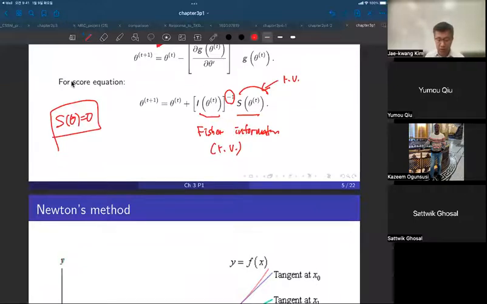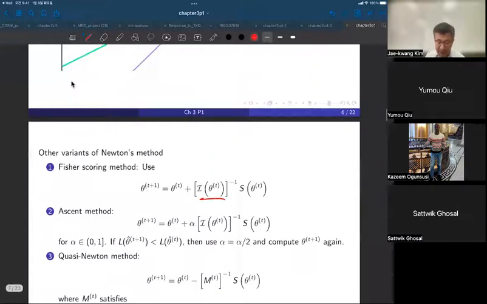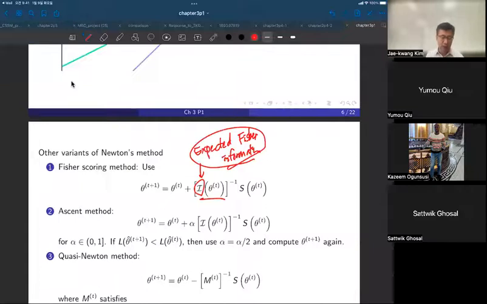To make it more stable, we take the expectation. If you take the expectation, we have the script I, the expected Fisher information. And that is called the Fisher scoring method. So that is the basic idea.